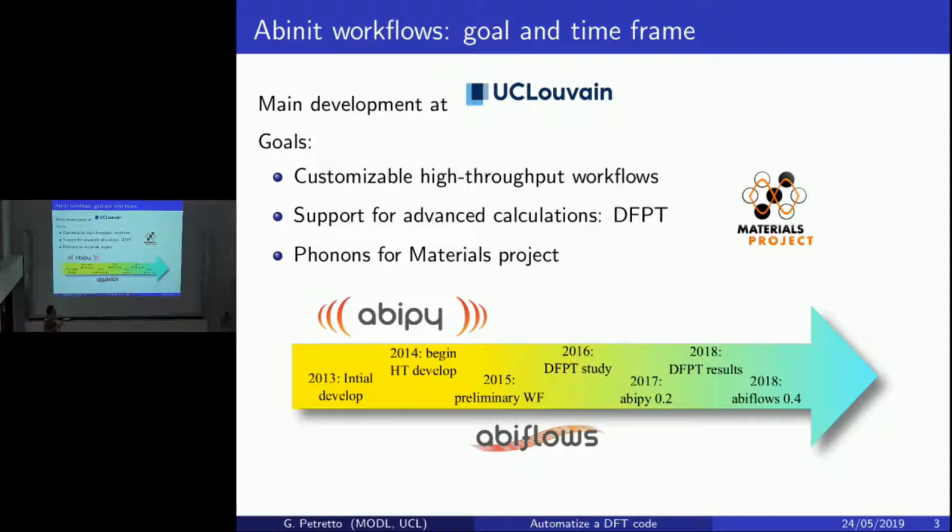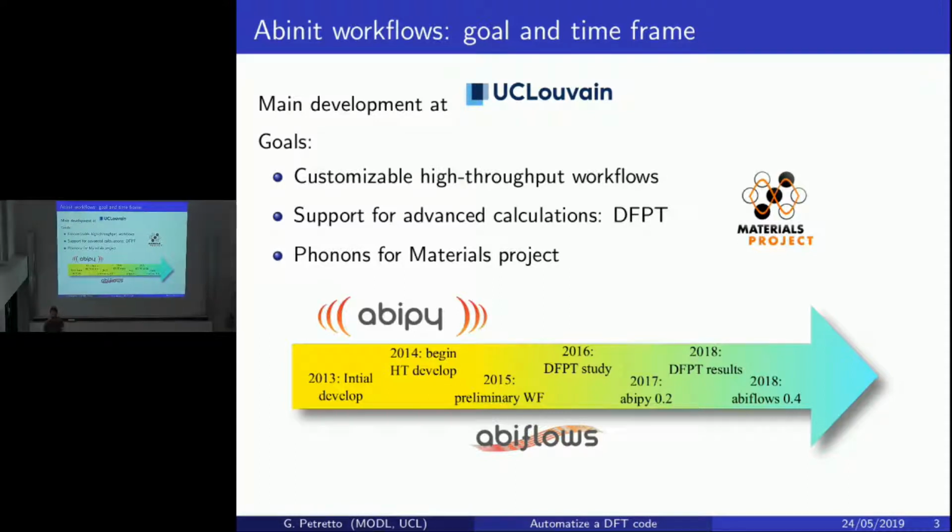And this is a bit of a timeline, just to give an idea of the time that it took for us to come to something more or less stable. First development beginning of 2013. Then I joined the group in 2014, and we started developing the infrastructure for the high throughput. The first package we started developing was AbiPy, which is a Python interface for Abinit, and then we moved to developing another package, a different one that contains the workflows, called AbiFlows.